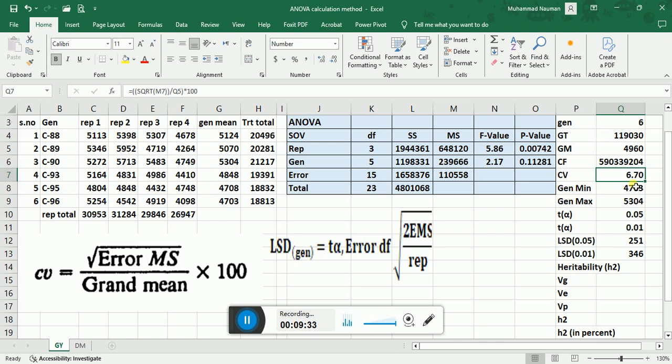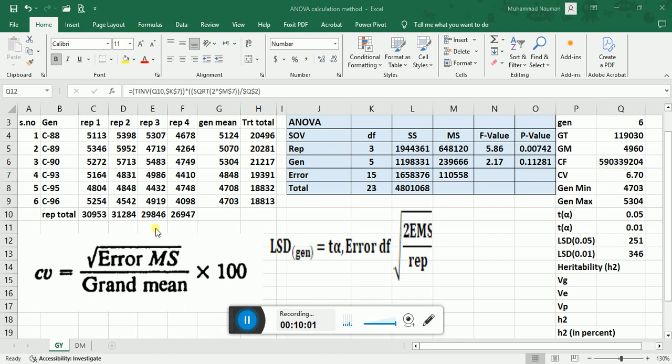If coefficient of variation is greater than 20%, the experiment is less precise, indicating higher experimental error or uncontrolled variability. It is to be noted that these ranges may vary depending on the trait. For example, yield data can tolerate higher coefficient of variations compared to plant height.